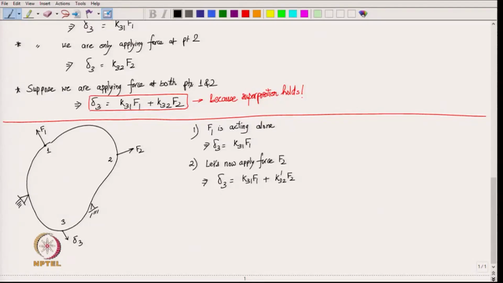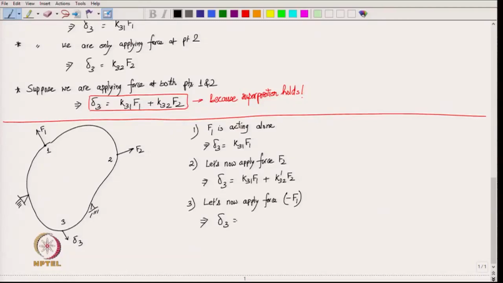Okay. All right. Now, in the third step, let us now apply force minus F1. Okay. So, at the location 1, we are now applying minus F1. So, what happens because of that? We will have no force acting at point 1 and we only have force acting at point 2, correct.